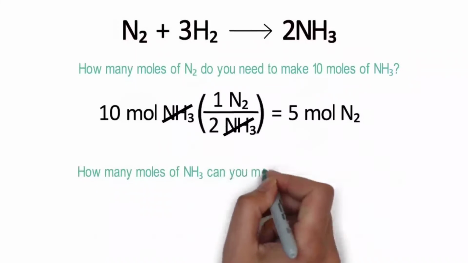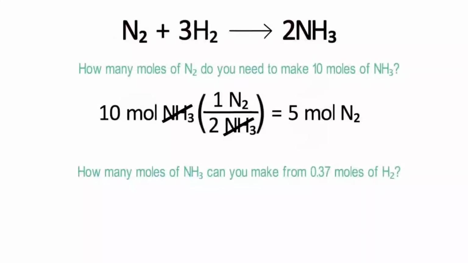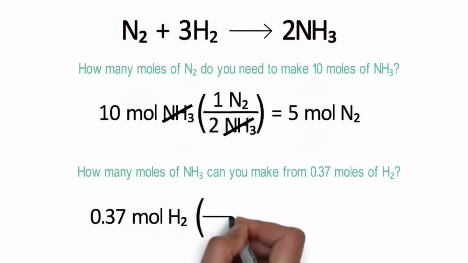Let's try one more problem. How many moles of ammonia can you make from 0.37 moles of hydrogen? First, write down the quantity that you know, 0.37 moles of hydrogen.